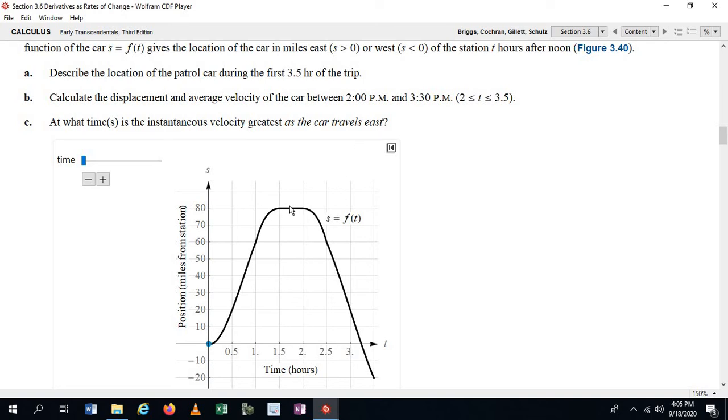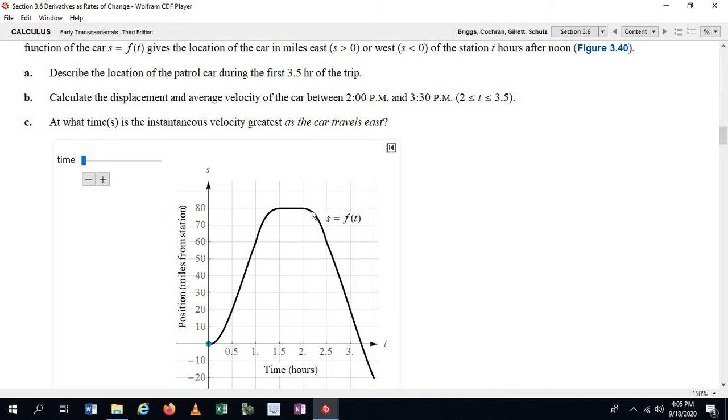Now look what's happening between 1.5 and 2 hours. It looks like its position is staying at 80. So it's not moving. It's staying at the same position for this half hour.